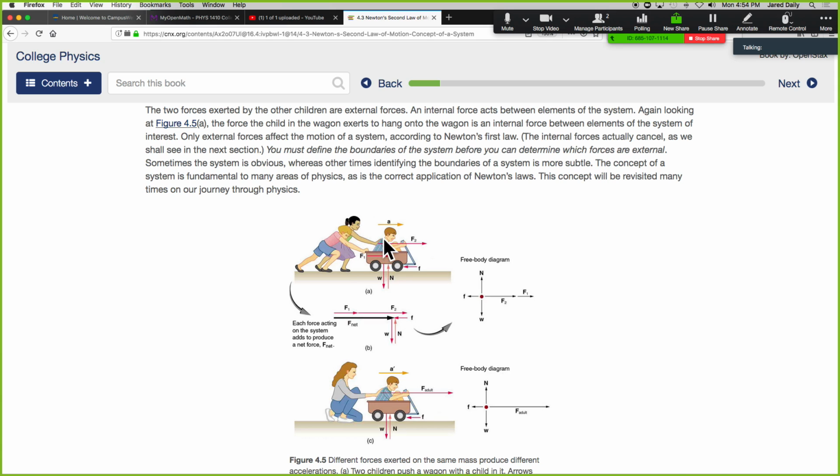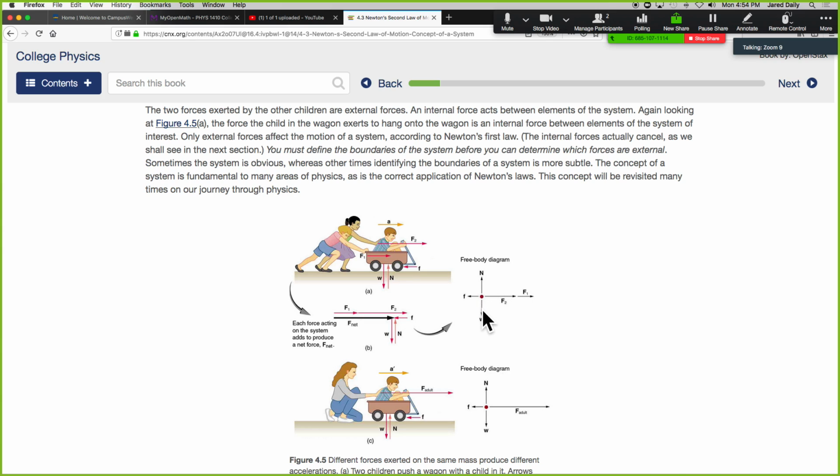This girl here is pushing on the back of the kid in the wagon. This person here, girl or boy, I don't know, is pushing on the wagon, right? But since the kid and the wagon are both part of our system, then this is our system in our free body diagram, this point, and there's two forces pushing on it in the right-hand direction.